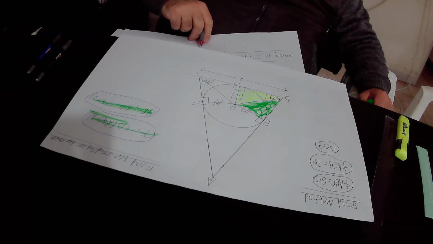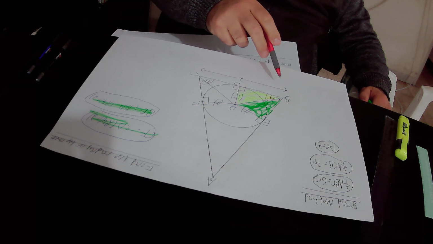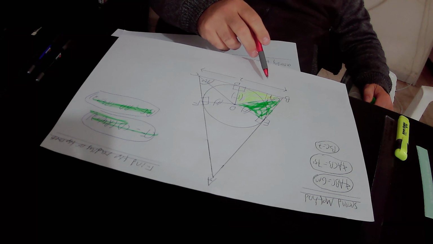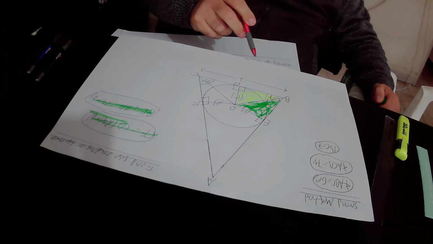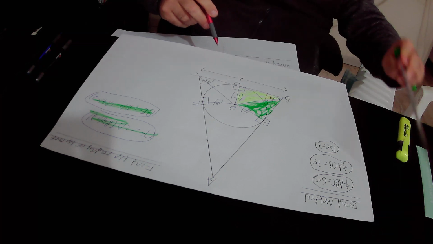In the next step, we'll focus on the right yellow triangle BOD, so I'll copy this right yellow triangle into a new page and we'll analyze it.